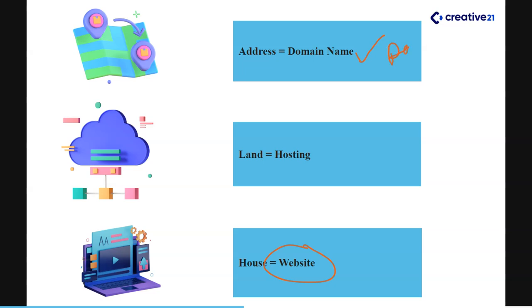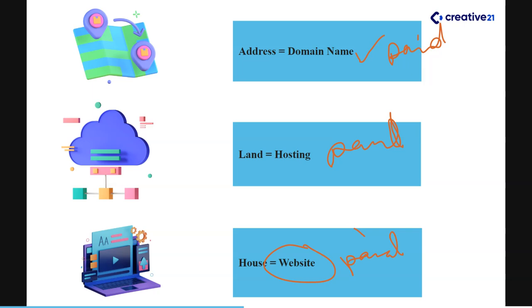You don't get it for free. The land that you're going to buy is also a paid service. And if you want to build your website, you can also pay for that as a paid service.